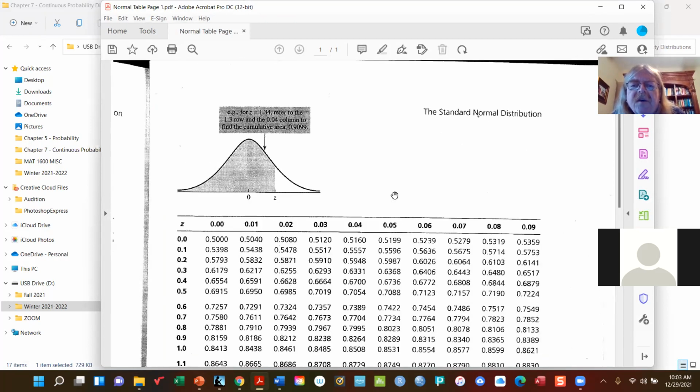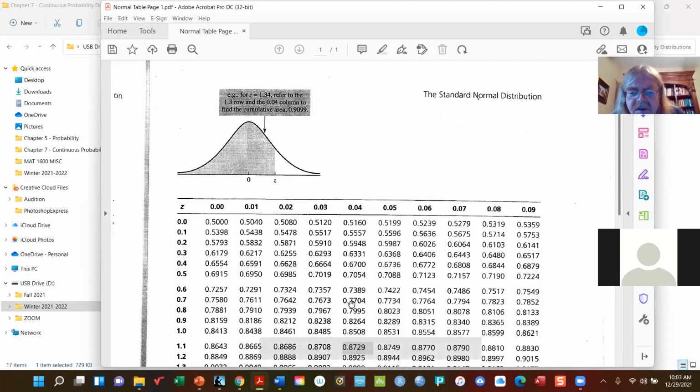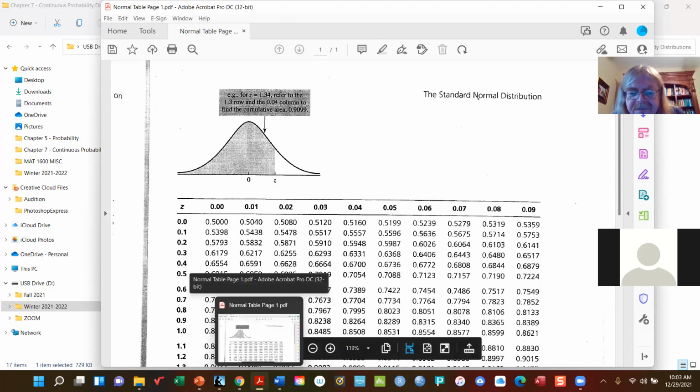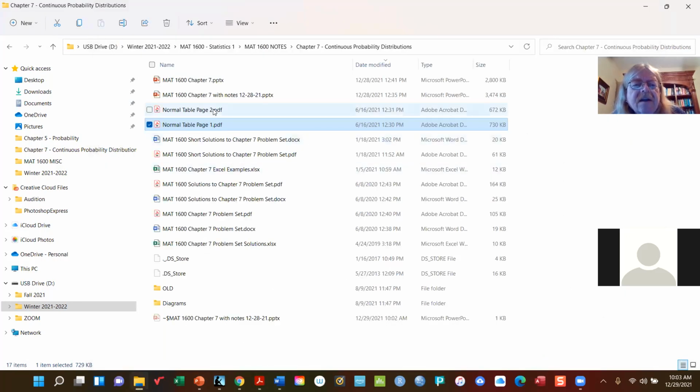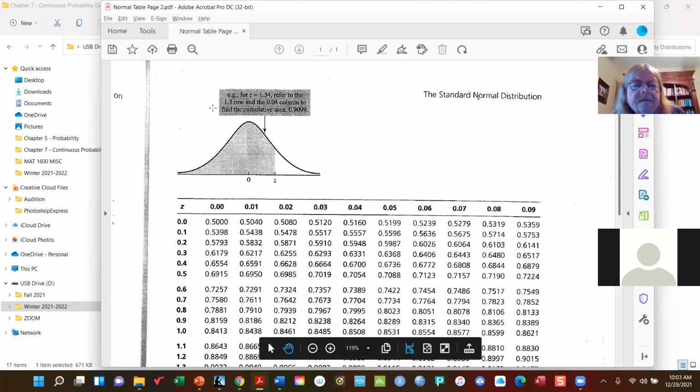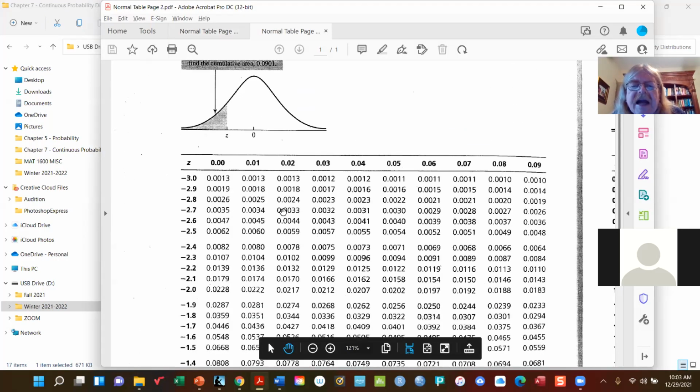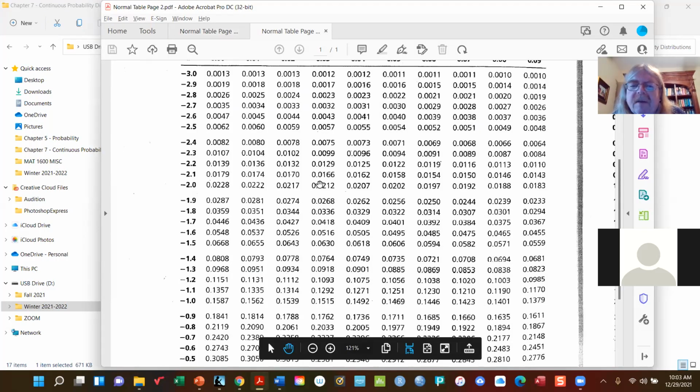Because if you are using Adobe Acrobat Pro DC, like I am, you can actually write on your PDF files. If not, you should still be able to delete any markings that are still left on there. So anyway, this is the positive table. And then we also have the negative version. And we'll see very soon how these are used to help us calculate probabilities.